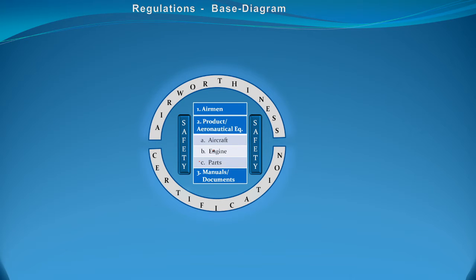Next simple question, what else are aviation authorities regulating? Another simple answer: everything. I would like to emphasize everything that these three major subjects are touching, everything that these three major subjects are crossing through.